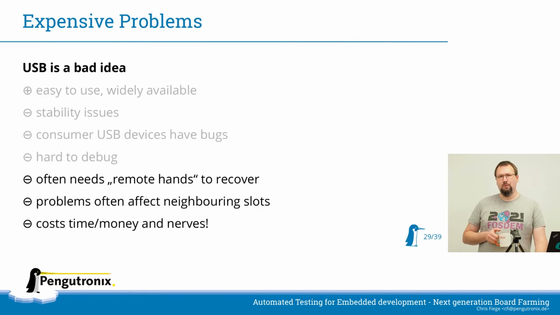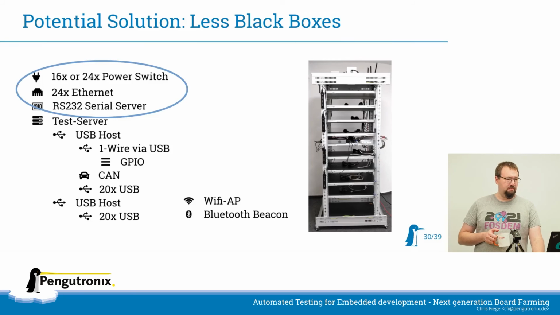Okay, what are potential solutions for this problem? One thing is we want to get rid of a good amount of these black boxes in our lab, especially the power switches and the serial servers, which are usually a problem. Ethernet switches seem to be more reliable, maybe because they are built in larger quantities and are better tested.